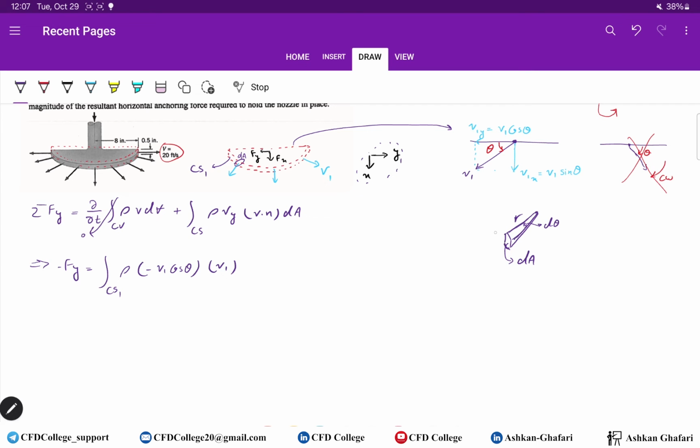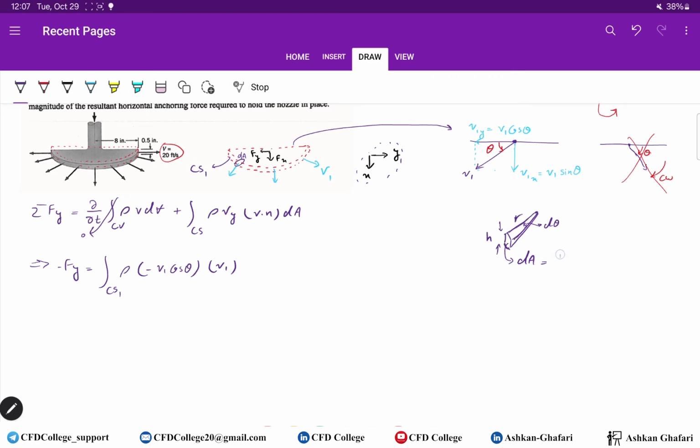And this dA, as you know, this is the thickness, which is h, let me name this h. dA equals, no, it's not right.